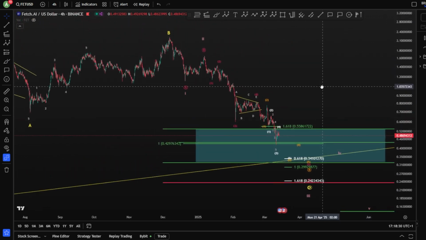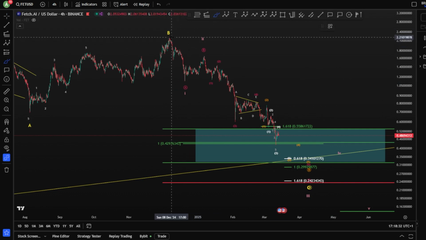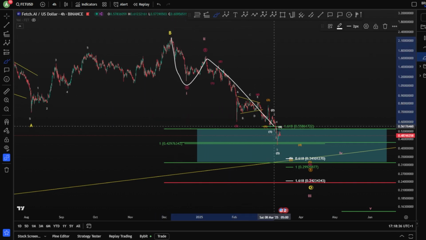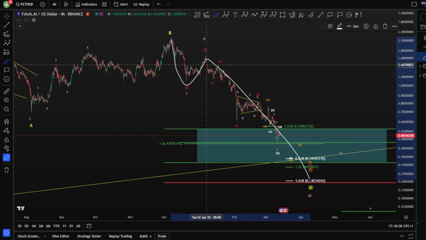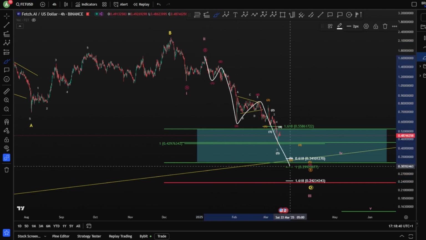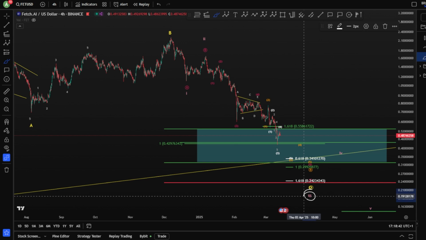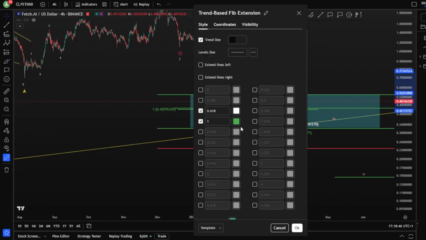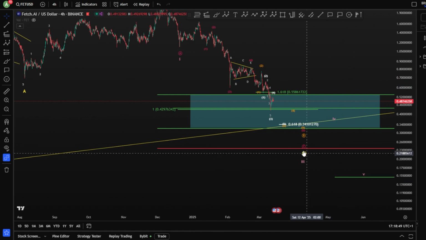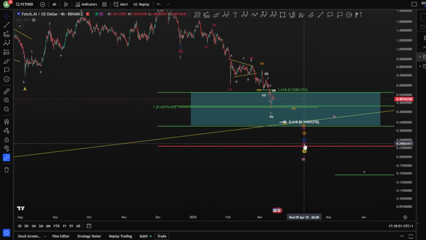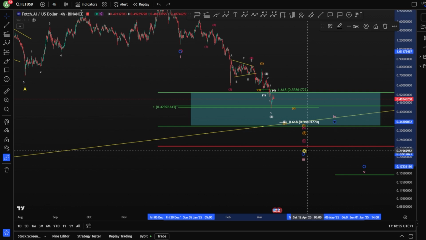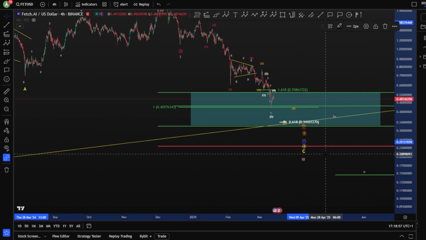Now, even worst case scenario, if this is a wave 1, 2 here, and we're looking for a finished wave 3, because this is 1, 2, 3, 4, and a 5. If your wave 3 is finished exactly in this area, that would mean you might still be looking for one more wave 4-5.